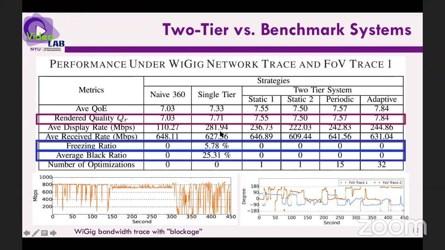Compared to the single-tier system, we achieve about the same rendering quality. However, the single-tier system is very susceptible to both the freezing and black ratio. I forgot to mention the two-tier system has several variations depending on how we adapt the system with the FOV dynamics and the network dynamics.